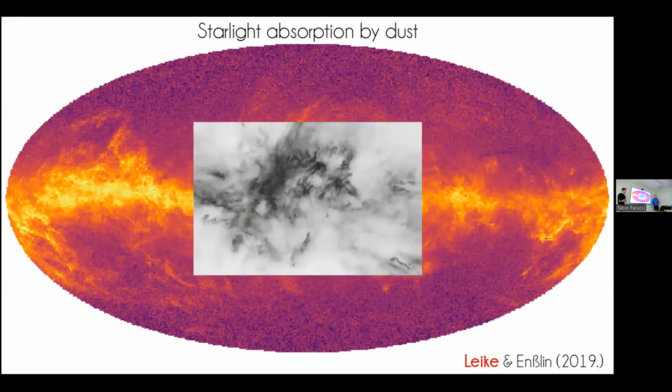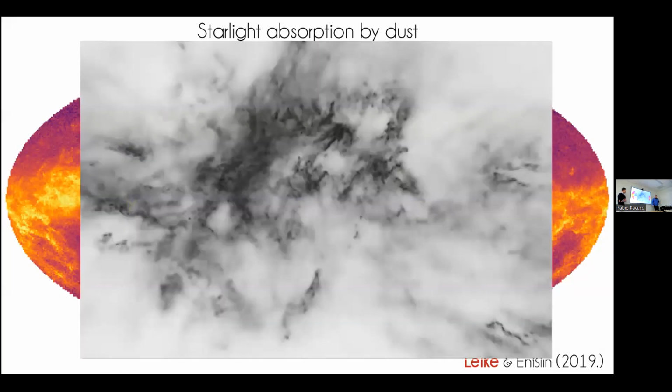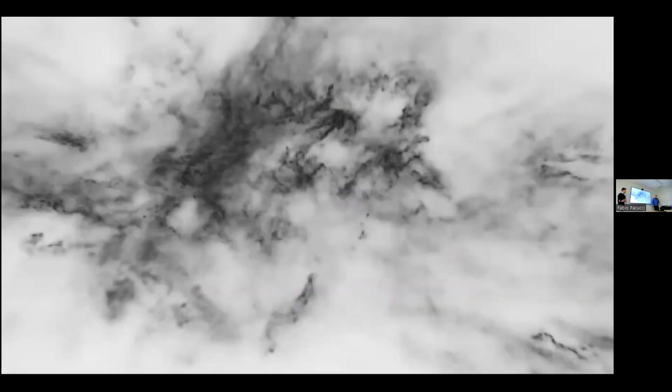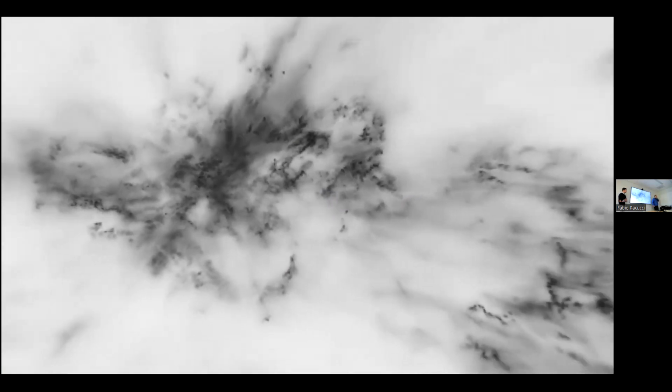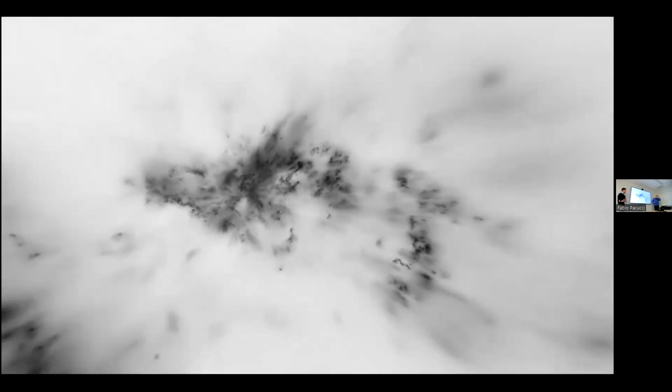Here's such a model. And actually, since we have distance information from the stars, thanks to Gaia, it is a 3D model. So what you see is in a cube of 800 by 800 by 600 parsecs around the sun, which is in the middle, the dust distribution in our local vicinity reconstructed from 100 million lines of sight of stars, I believe.